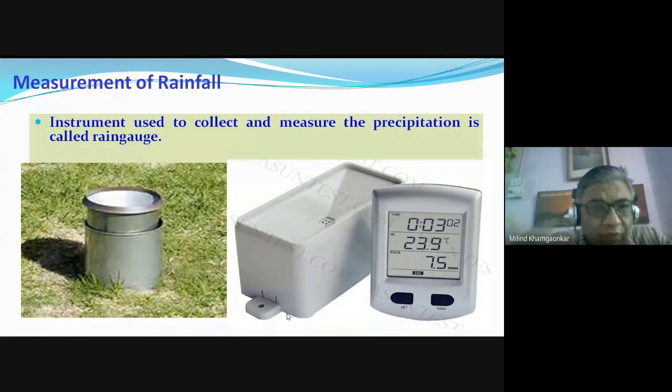Now, how is the rainfall measured? There are various instruments which are used to measure the rainfall in, again, depth, that is centimeters or millimeters, wherein the falling rain, the precipitating water, is collected and measured in terms of depth in equipment called rain gauges.